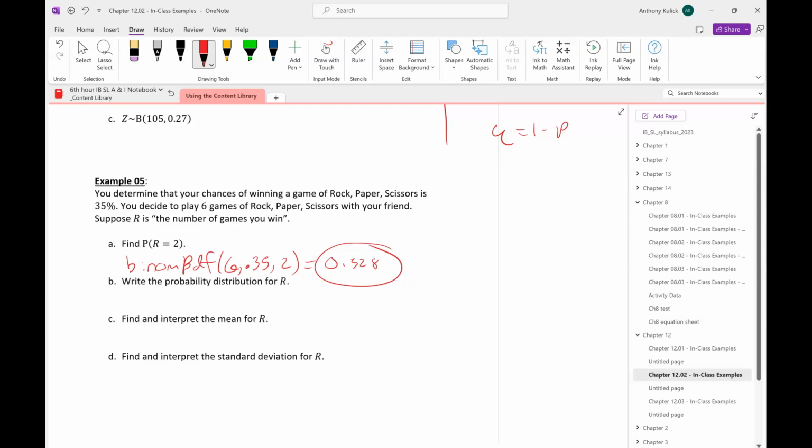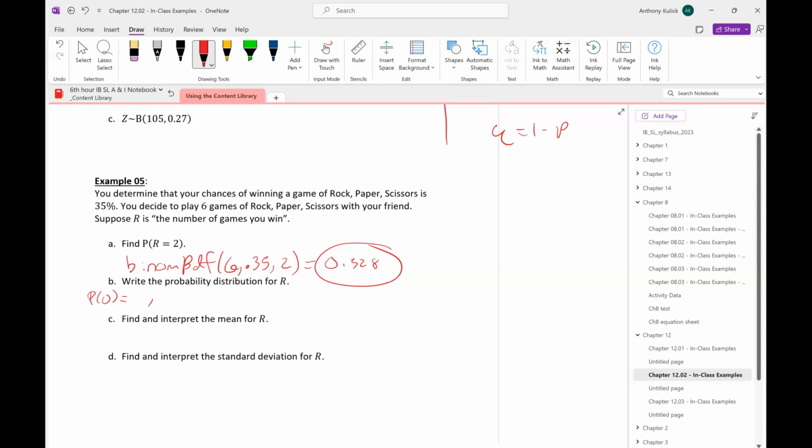So that says write the probability distribution here. What are the possible values or outcomes for R? R is the number of times you win. Close. 0 through 6, right? You can win no games.